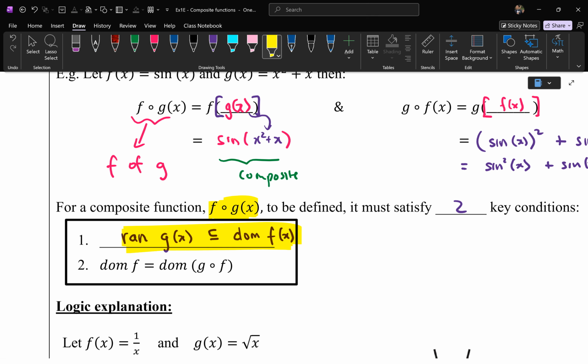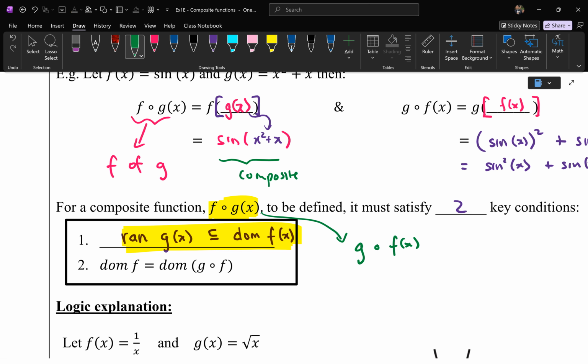So the range of g of x has to be a subset of the domain of f of x. Which also means, and this is what examiners do for a typical exam 1 question, they'll switch that around because most students will memorize this. Most students don't understand what this actually is saying. So they'll memorize it and then in exams, they swap it around. So they'll say, state the limitations for g of f of x to be defined.